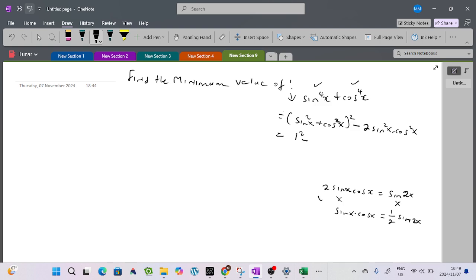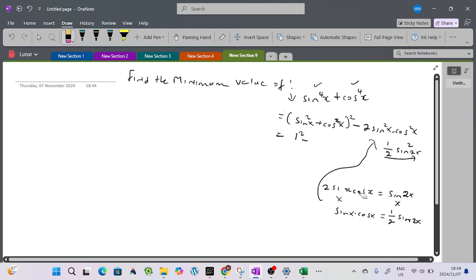Okay, which means this term is equal to the product of sine 2x and half sine 2x. So this will give us half sine squared 2x. This is the term.